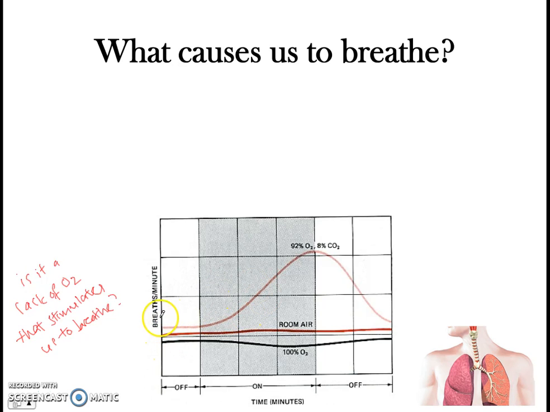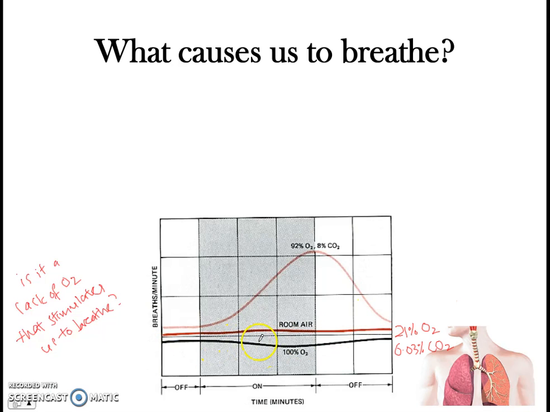Now this graph shows you the number of breaths per minute of a person, and this line in the center shows you the breaths per minute when the person is breathing room air. So room air, if you remember, is about 21% oxygen and 0.03% carbon dioxide.